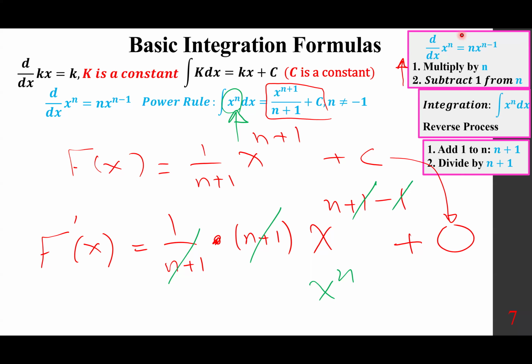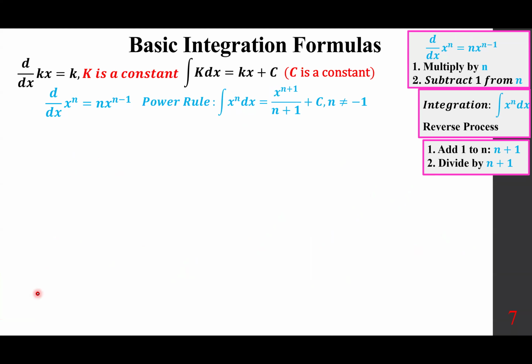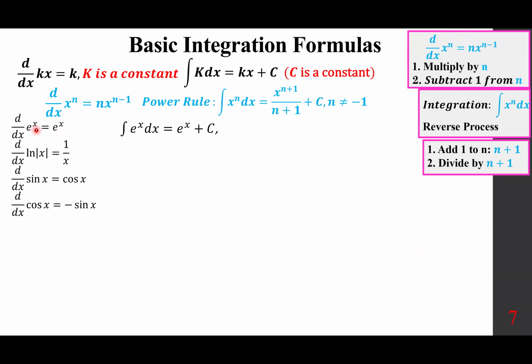We're going to continue. Let me erase this work. We know this is the case, so let's go one by one. If the derivative of e to the power of x is e to the power of x, and we want to go this route, the integral of e to the power of x dx must be e to the power of x and a constant.